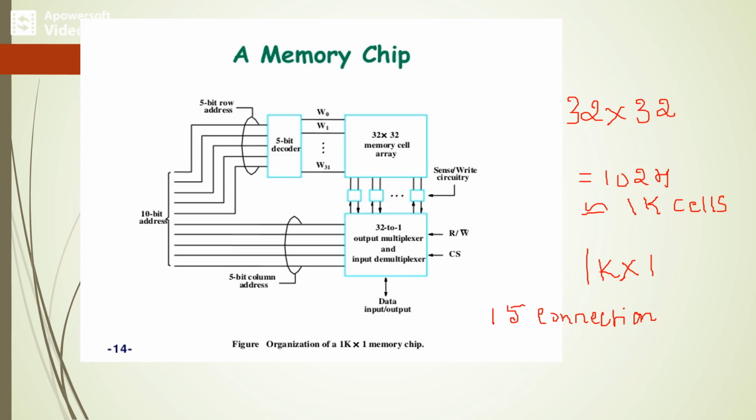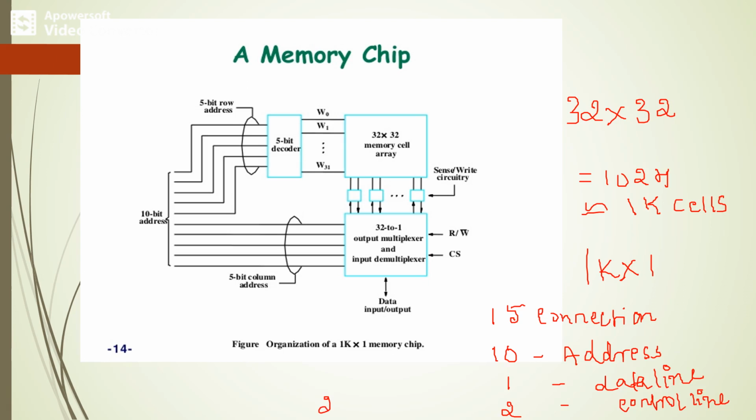Out of those 15 connections, 10 connections are used for address, 1 connection is used for the data line, 2 connections are used for control lines, and 2 connections are used for supply.